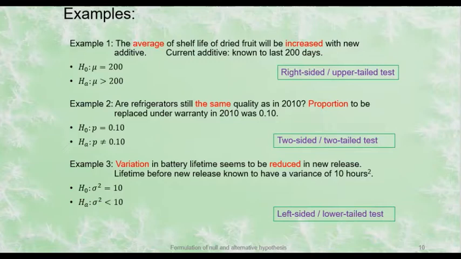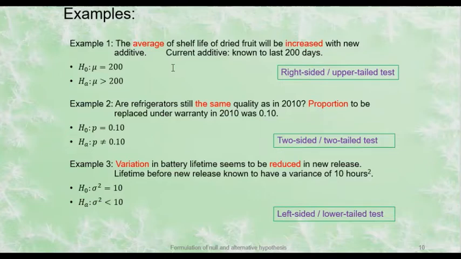So initially, in the beginning, the notation of the mean for the population is mu equal to 200, but by using the new additive, now the mean shelf life is greater than 200, and it is a kind of right-tailed test.